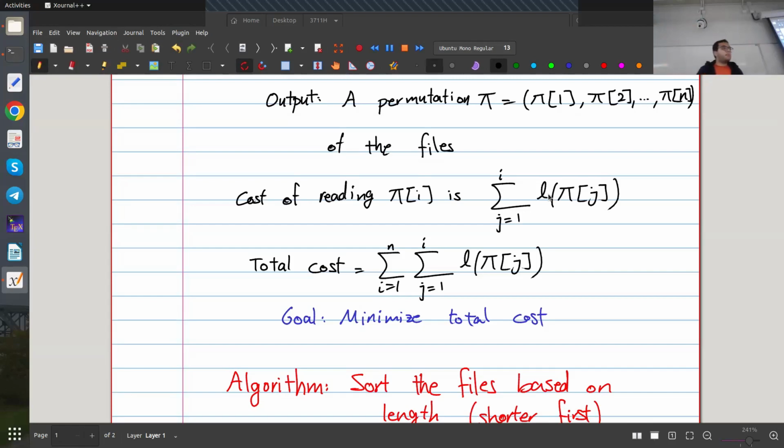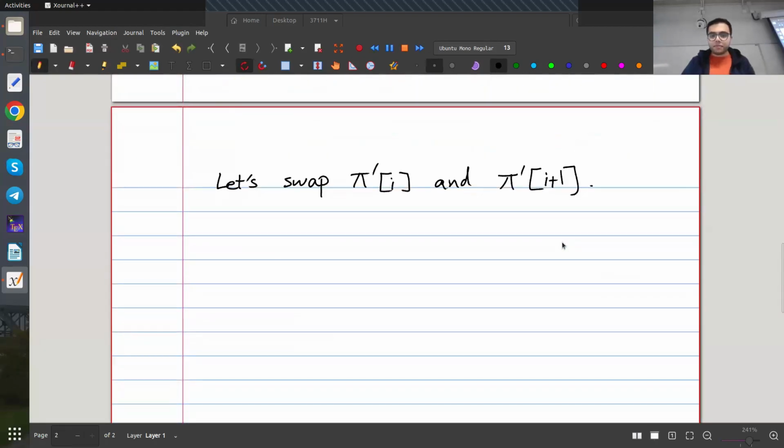And I can say the same thing for all the elements before element I. Because for those elements, I didn't change anything, because the cost of reading a file only depends on the files before it. And I'm not changing anything other than I and I plus 1. So the only costs that can change are the costs of file I plus 1 and file I. Now, what is the change in the cost of file I plus 1?